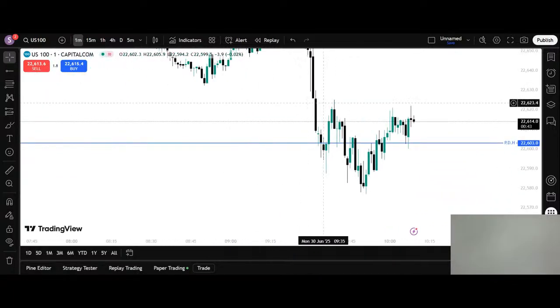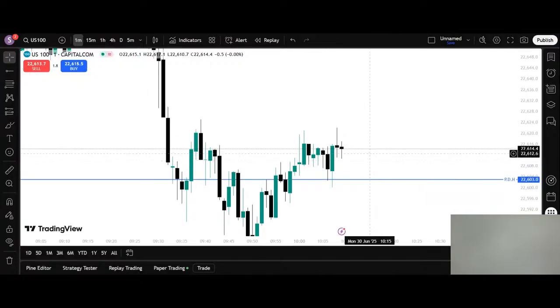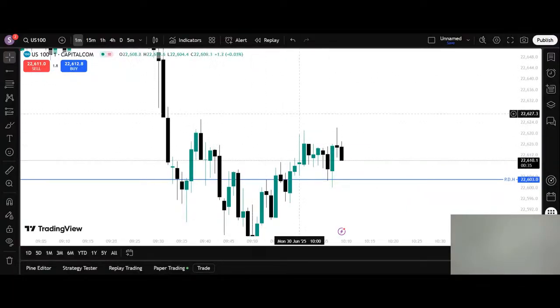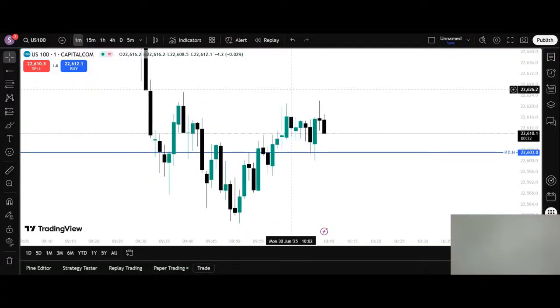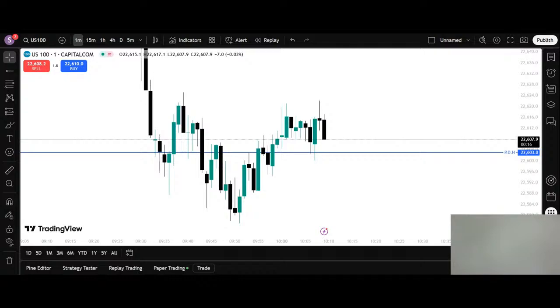But now we can't really say anything till price shows its hand. While taking a sell, I would really like to take a sell below this previous high. If price breaks through that with momentum, this one and this one too, and then gives me a bearish FVG, I would love to see it.